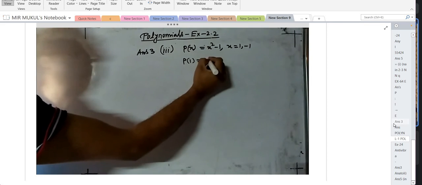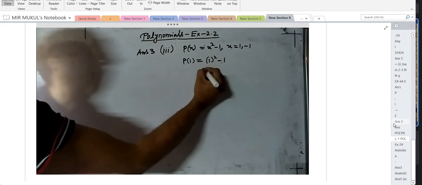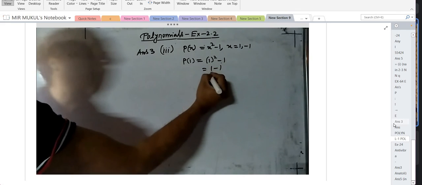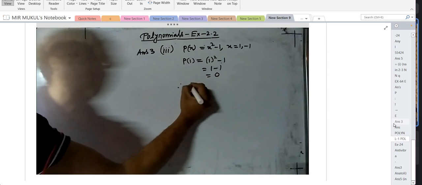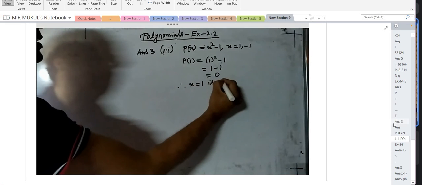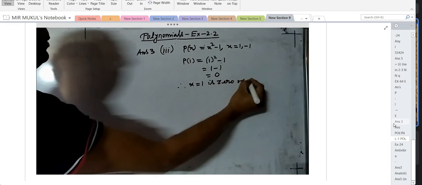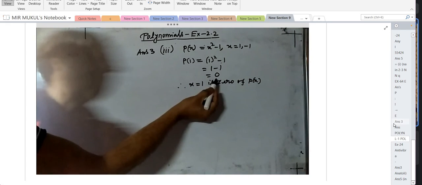If we find p(1), then 1 square minus 1. So 1 square is 1, minus 1. This is 0. So we can say that x equals to 1 is a zero of p(x), because we are getting p(1) equals to 0.